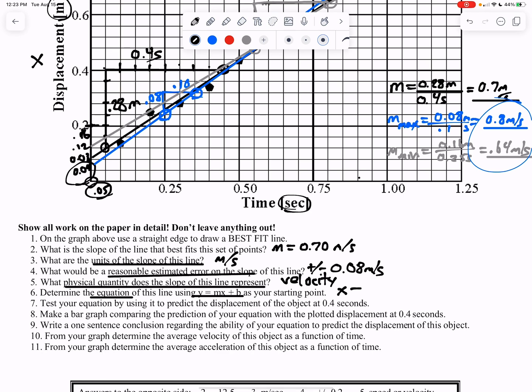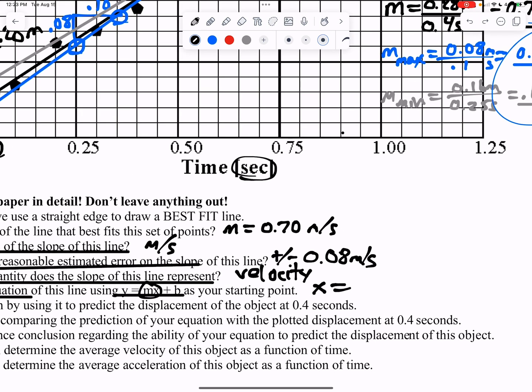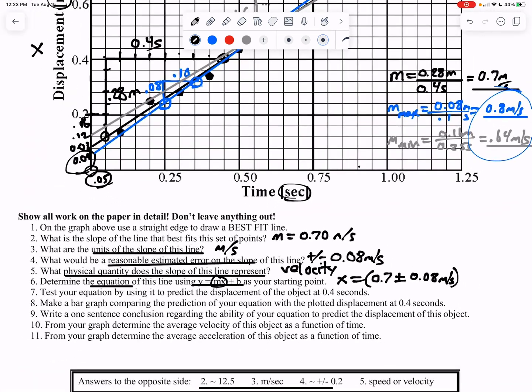So x equals, now m is your slope. Our slope is 0.7. So in parentheses, I'm going to put 0.7, then plus or minus my estimated error, 0.08 meters per second. Then plus b, well, that represents your y-intercept.